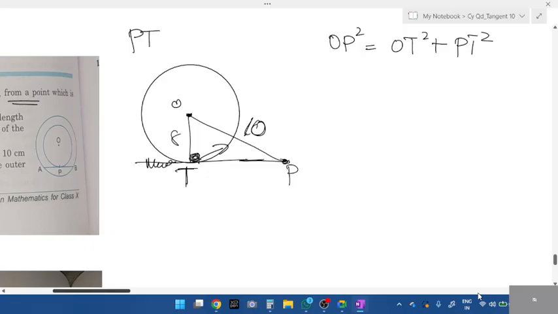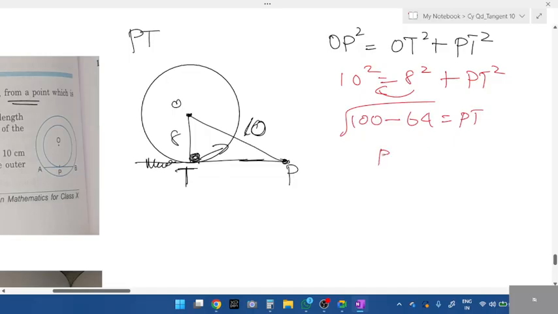Yeah. 6 centimeters is the answer. OP is 10, so 10 square is equal to 8 square plus PT square. Shift 8 square to the other side. 100 minus 64 is equal to PT square. Therefore, PT is equal to square root of 36, which is 6 centimeters.